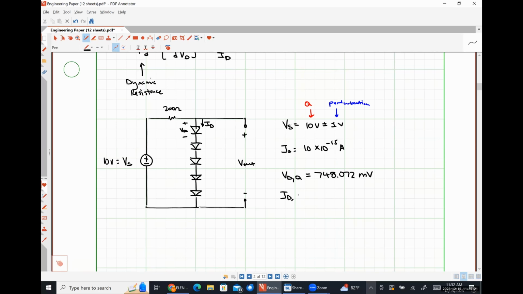From this, we can see that our diode current at the quiescent operating point is going to be IS times the exponential of VDQ over VT. And this comes out to be 31.298 milliamps. And from this, our dynamic resistance at this operating point is 0.831 ohms.